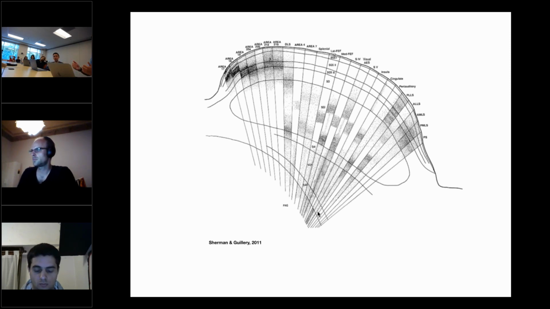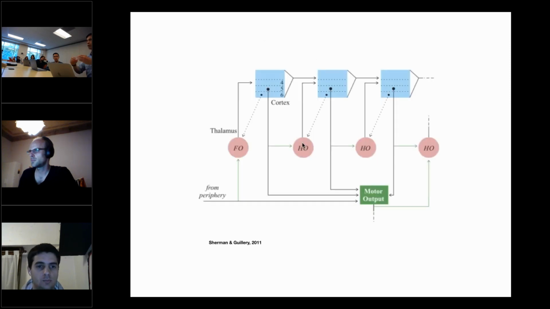So I take this as not that the HOs, the higher order, these are distinct nuclei. But there are so many different motor centers or motor nuclei or structures that can influence motor subcortically, that this is more of a simple way to organize your thinking about it.